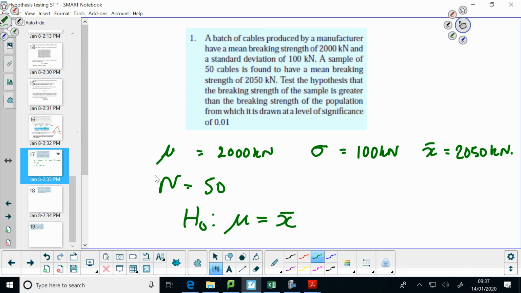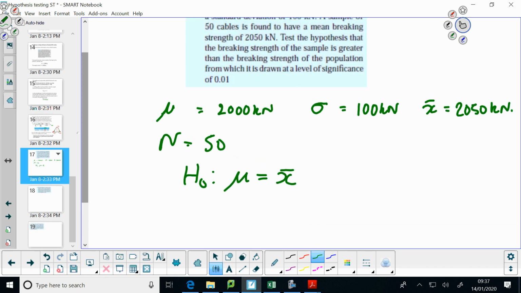So you're saying there's no difference between the population mean and the mean of the sample. Remember, there's always going to be a level of significance to think about. We're not testing if they're exactly equal, but whether they're equal to a confidence level or a level of significance.